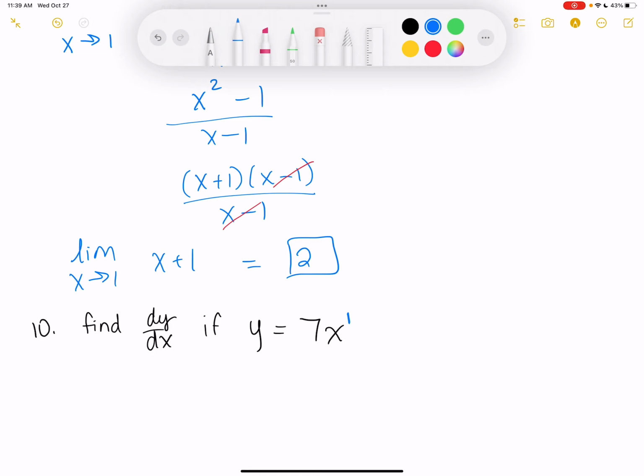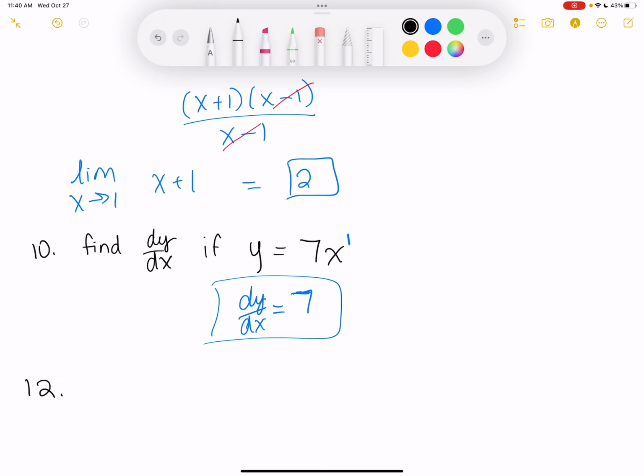If I tell you to take the derivative, whatever the exponent is here, you multiply it by the number in front. So that's just 7. And then you take the exponent that's here and subtract 1. So in this case, that would be x to the 0, which is just 1. So dy dx is equal to 7. Which is significantly easier than what we just did with the definition.